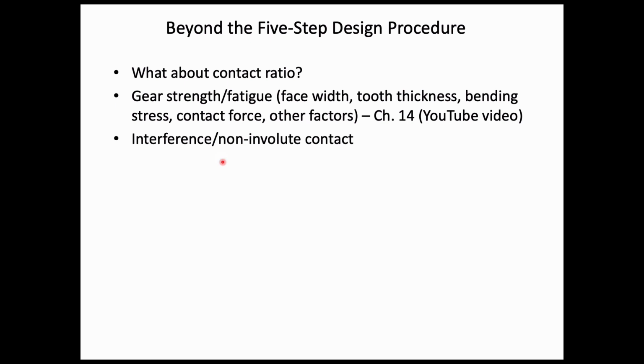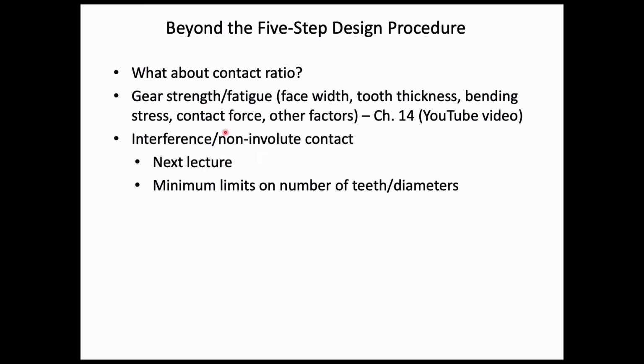Anything that is smaller in diameter than the base circle is a non-involute shape. This interference consideration places minimum limits on the number of teeth and pitch diameters in gear design. Violation of these limits can produce problems with both kinematics and wear.